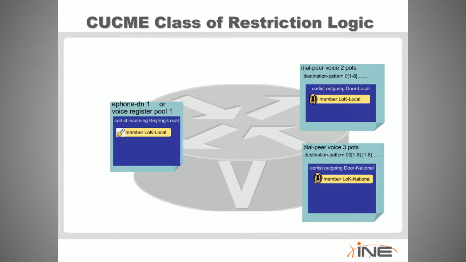And really this is in, again, IOS in general. Almost everything that pertains to CME, either Skinny or SIP, that is not configured under telephony service, the main Skinny server, or under ePhone or ePhone DN, or under the voice register global, the main SIP server, or voice register pool and voice register DN.